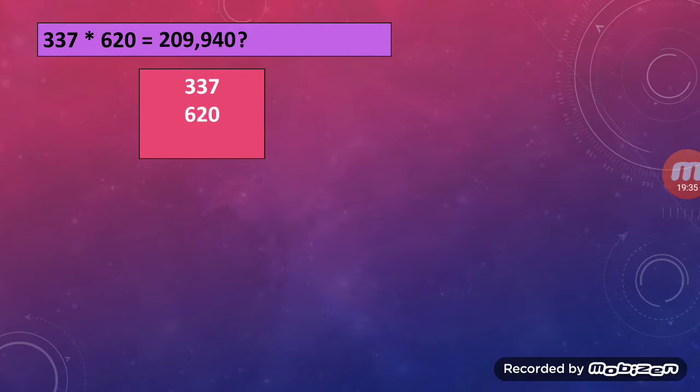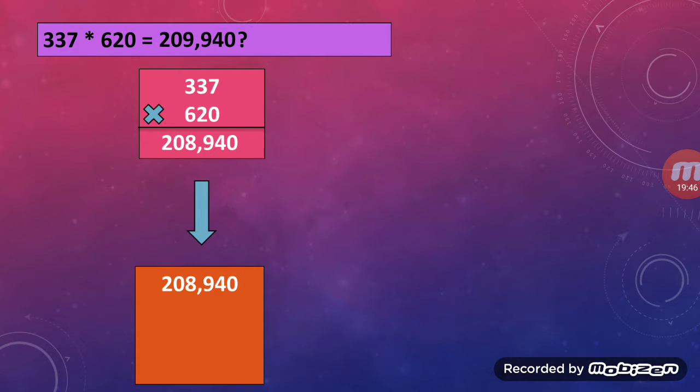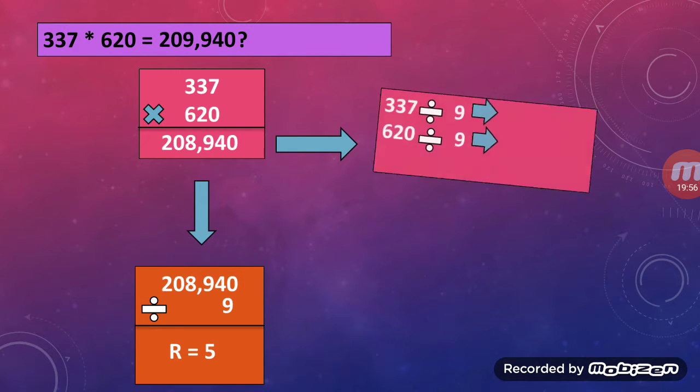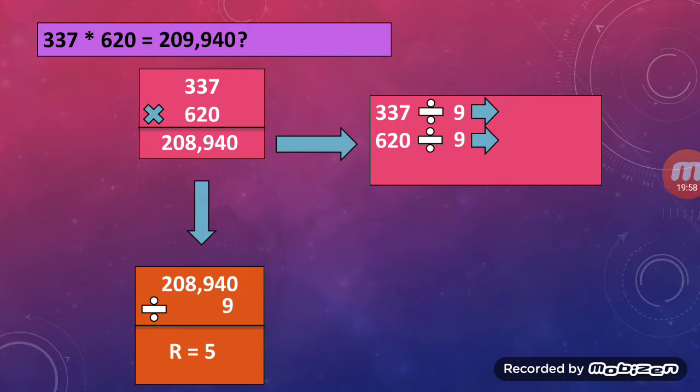Moving forward, we're going to multiply these two numbers, which gives us 208,940. Once again, we're going to take that answer and divide it by 9, which will yield an answer with a remainder of 5. Bringing over the two original numbers, we're going to divide them by 9, which will yield the answers 4 and 8 respectively.